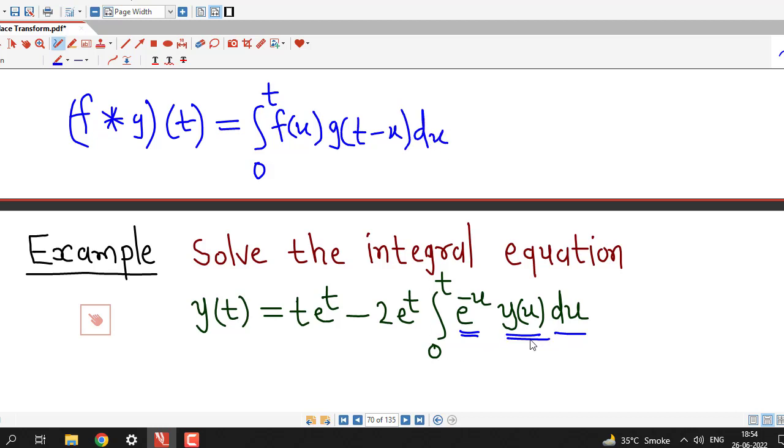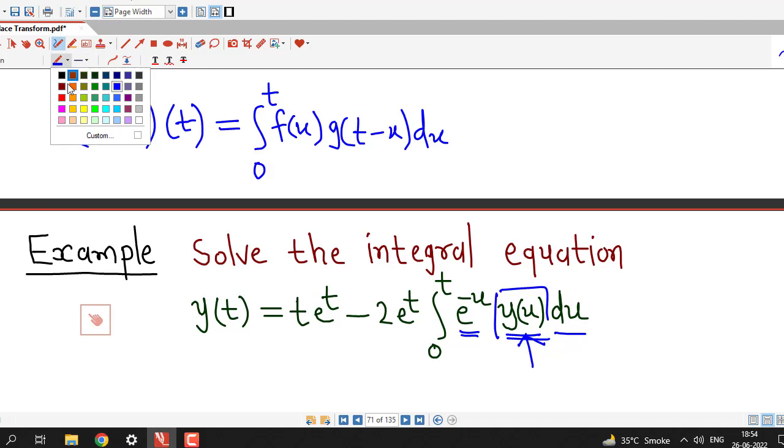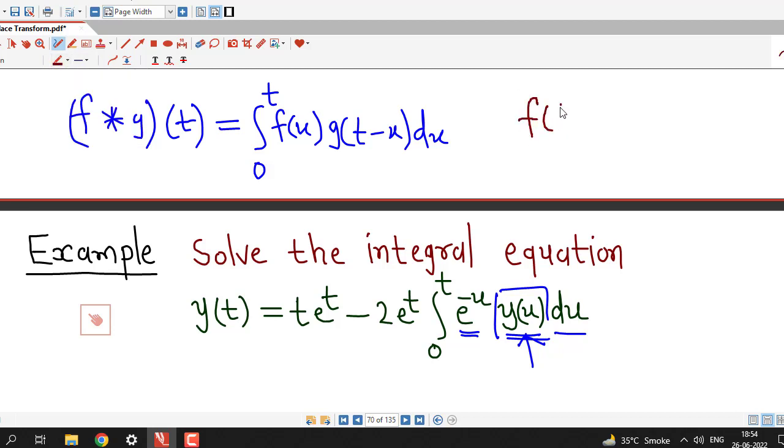So here we can consider f equal to y, so that f of u equals y of u.